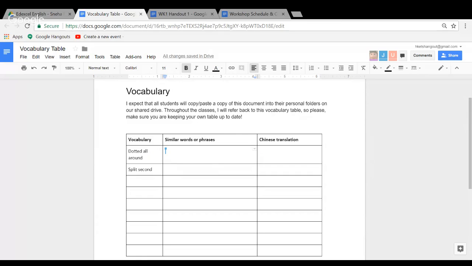I want you to actually think about what that means. For example, dotted all around, they're sort of spread out, right? I want that same feeling in Chinese. You can also write it in Chinese if you know how to do that. And you can use Google, you can use the sources, you can use whatever you want.